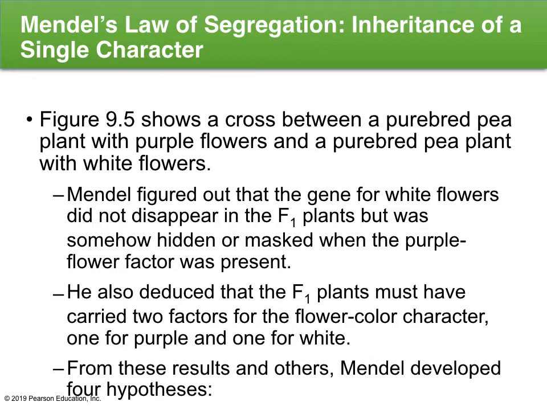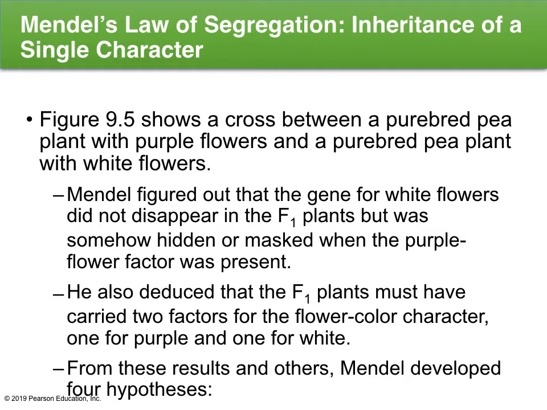So he figured out that the gene doesn't disappear in a cross, but it's somehow hidden or masked when the purple flower factor was there. And then he realized, well, the F1 plants must have carried two factors for the flower color character, because when you look at the cross of the two F1s, the F2 generation, you saw white individuals popping up.